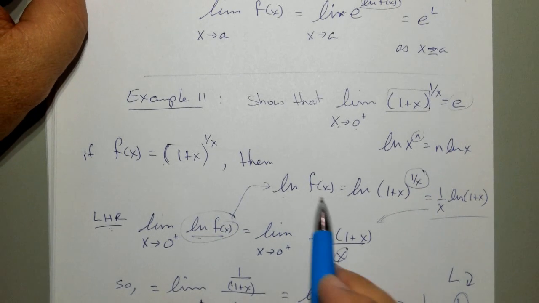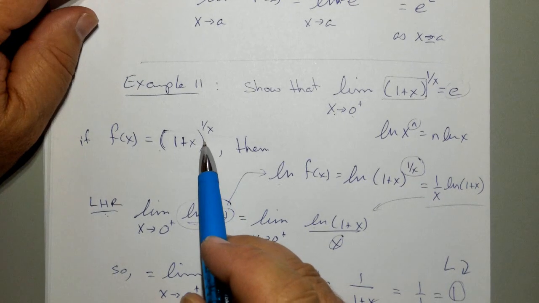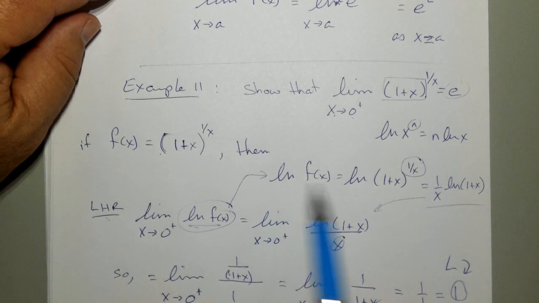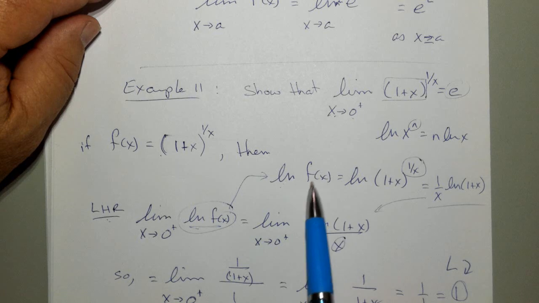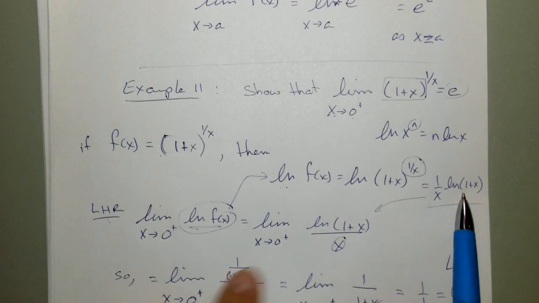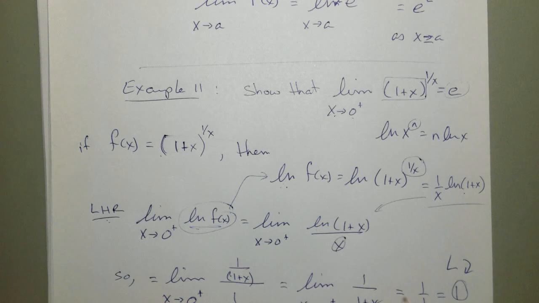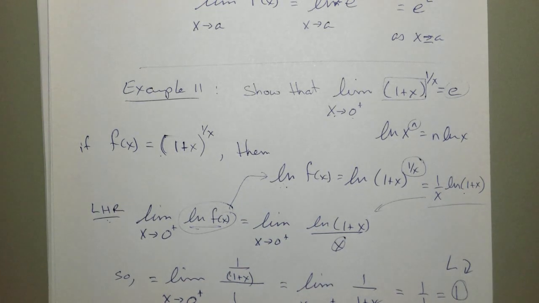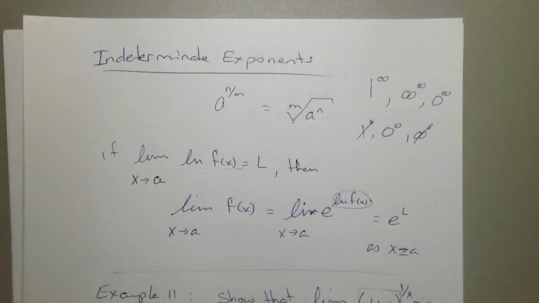If your exponent has a variable in it, you have to get it down. The only way we can do that is by the ln. So that's why we take the ln of our function, bring down the exponent. Now we can take the limit of it, since we now have no exponential equations. Take the limit of it, find the limit, which is that, plug it back in the original equation because of this rule.